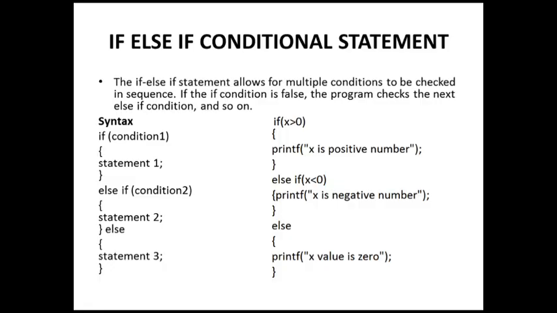Here, if the given x value is greater than 0, x is a positive number. If the first condition is false, we check another condition, x less than 0.